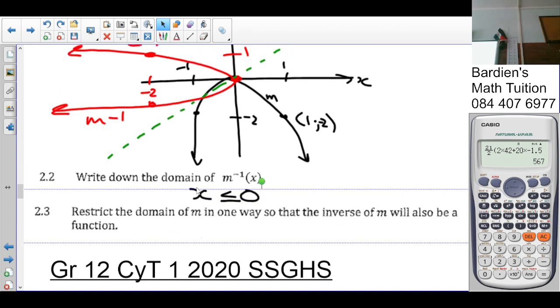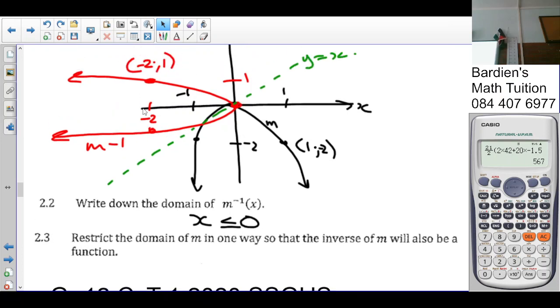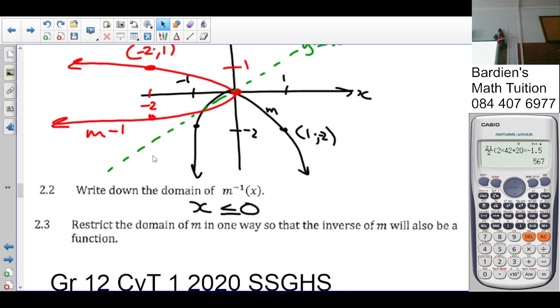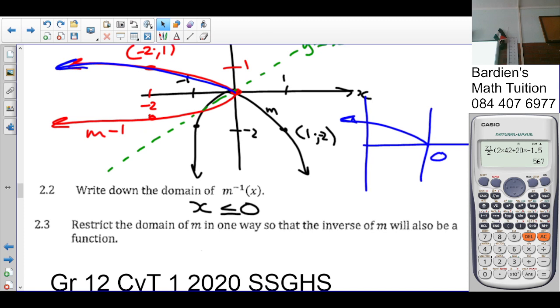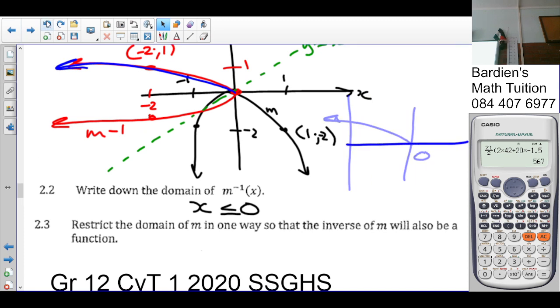As you can see here, the inverse is not a function. Why? Because it does not pass the vertical line test. However, if I only take this part of the graph into account, which is from 0, definitely I will pass the vertical line test, as you can see. We will cut it at one point only at any part of the graph.